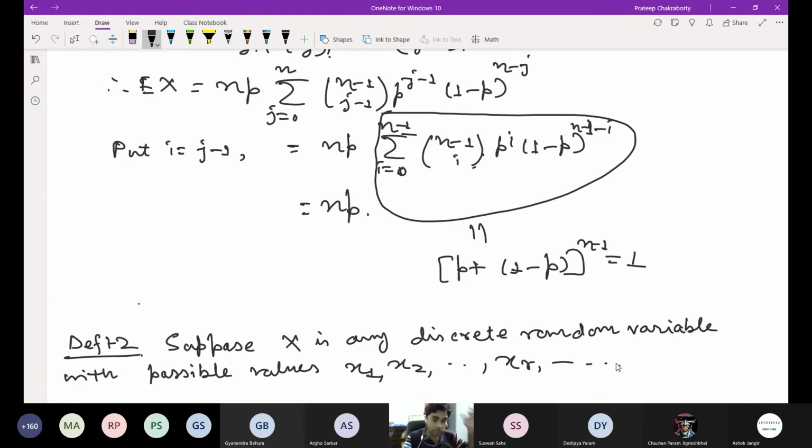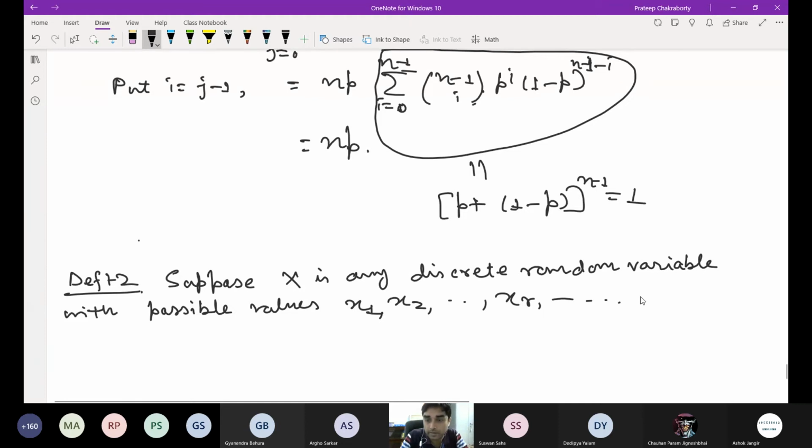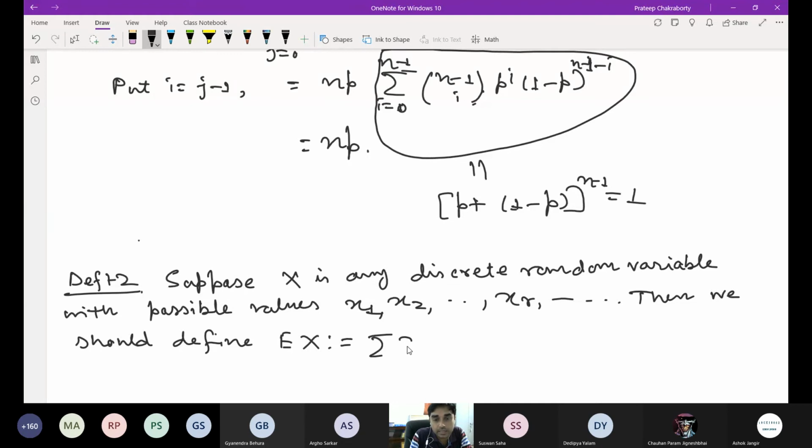It can be finite or countably infinite. Then how should we define the expectation? We should define the expectation E(X) to be summation x_i f(x_i), right?